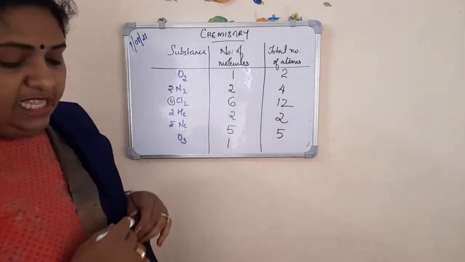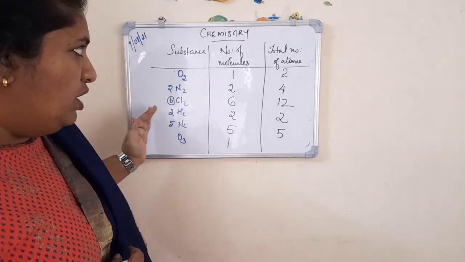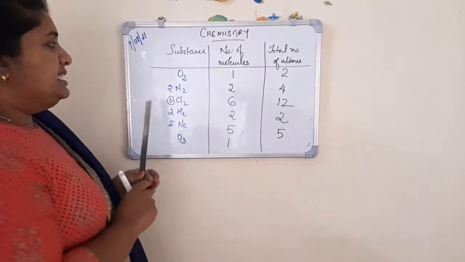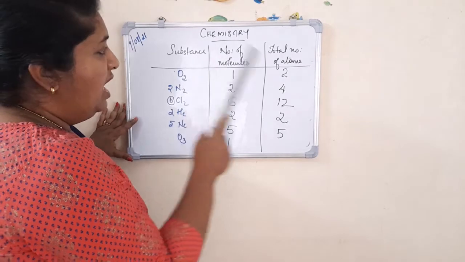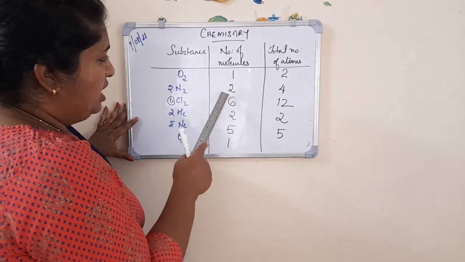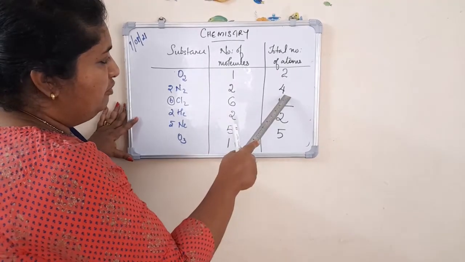Now in this way you can understand how we can represent the number of molecules and the total number of atoms here. So here it is one molecule of oxygen. In one molecule of oxygen, 2 atoms are there. Here 2 molecules of nitrogen are there, and total number of atoms 2 into 2, that is 4.